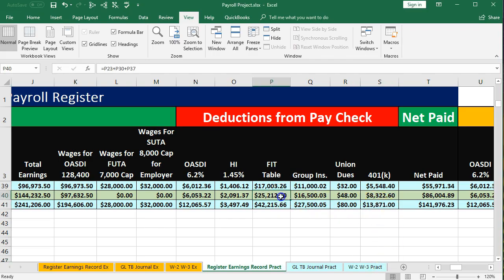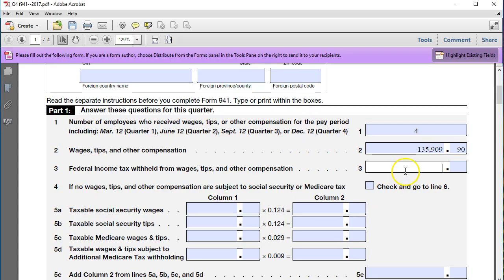And we withheld for the FIT 25,212.4. So that's what we're going to be using. I'm going to go back to our 941. So we withheld 25,212.40.